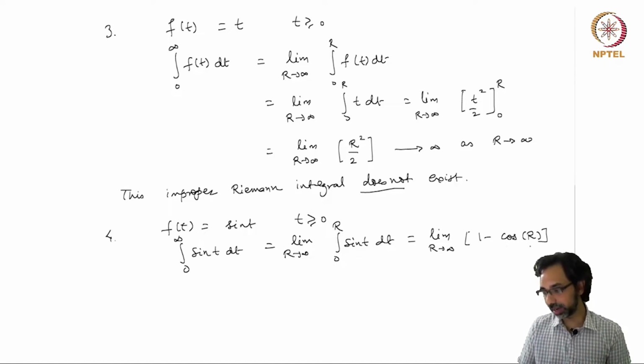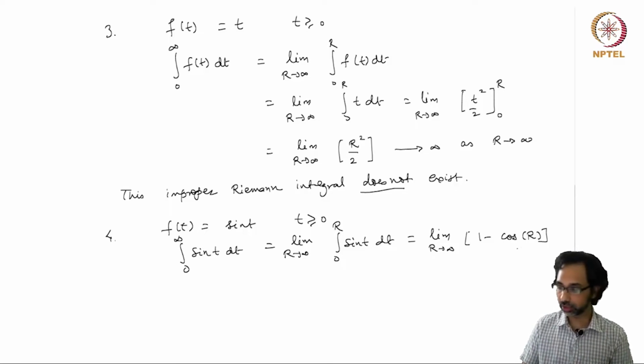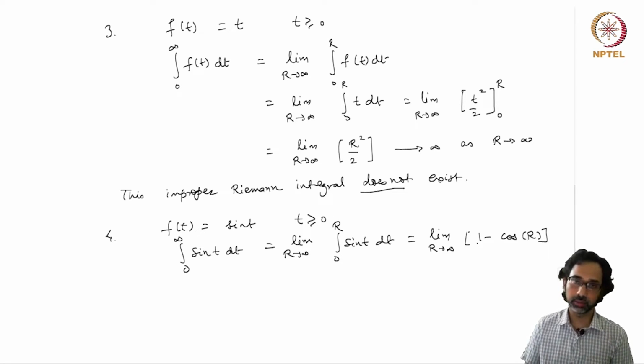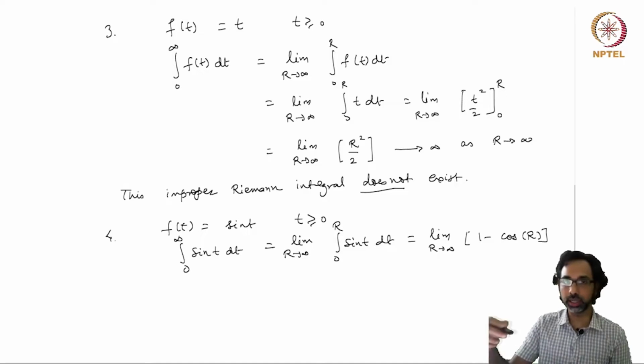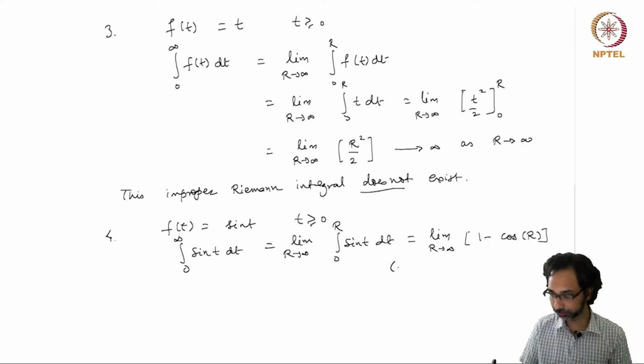But the cos r term does not converge to any finite limit as r goes to infinity, because the cos function oscillates between -1 and 1 infinitely often. So this limit does not exist.